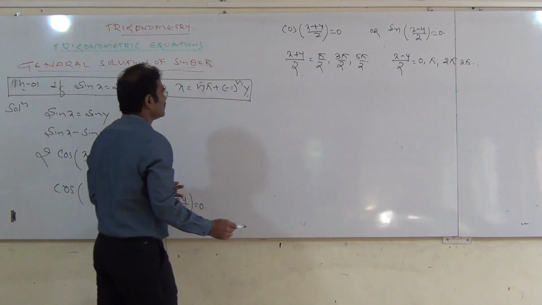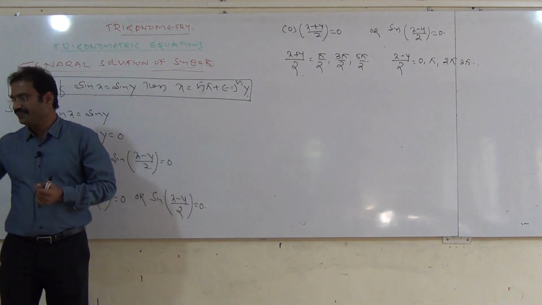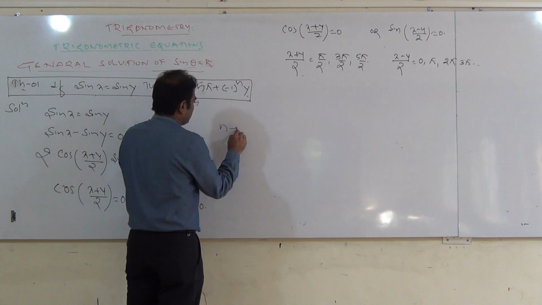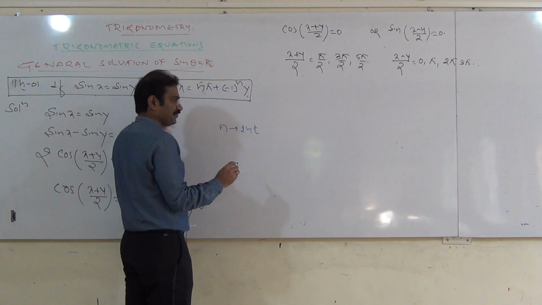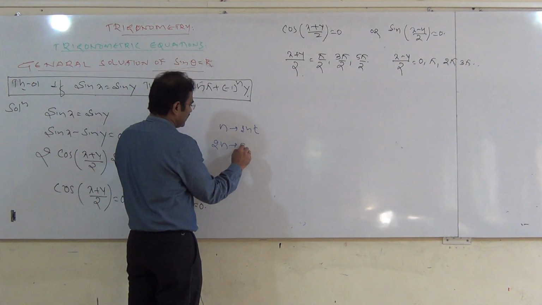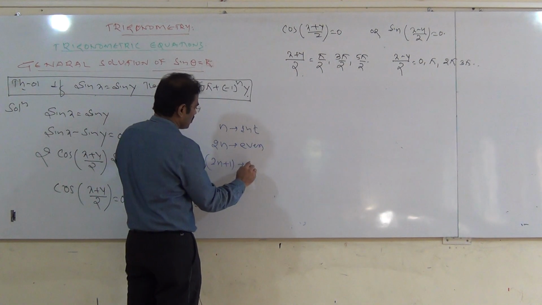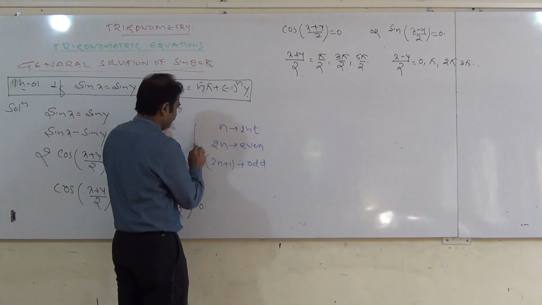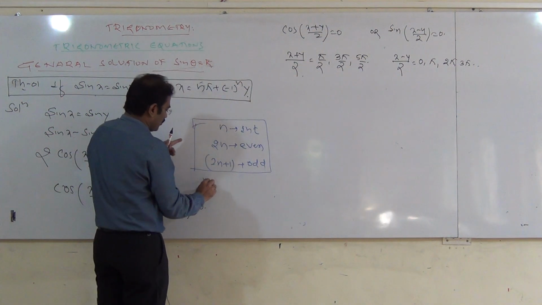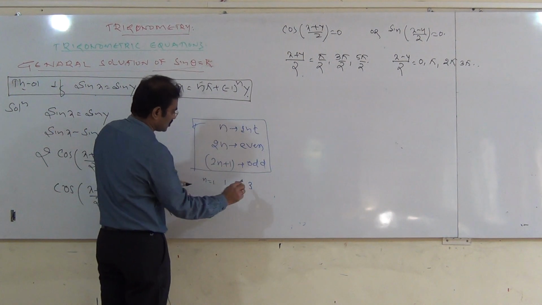But note this point. We have the concept of odd and even. What is odd and even? If you write only n, it is called an integer. If you write 2n, it is called even. And if you write 2n plus 1, it is called odd. Remember this. You can check. If you put n equal to 1, it becomes 2, and it becomes 3.